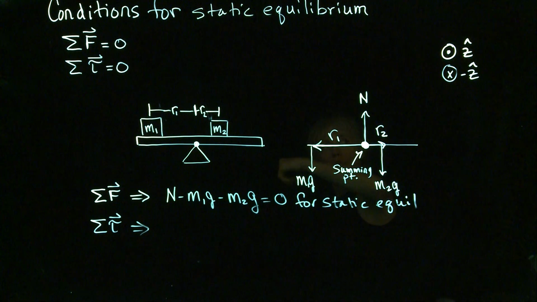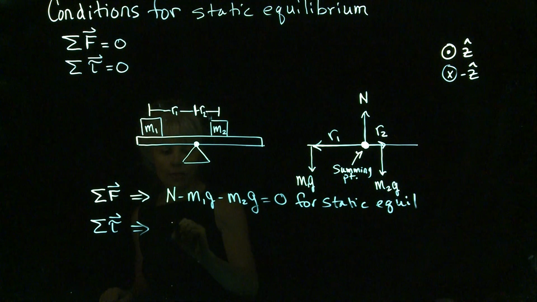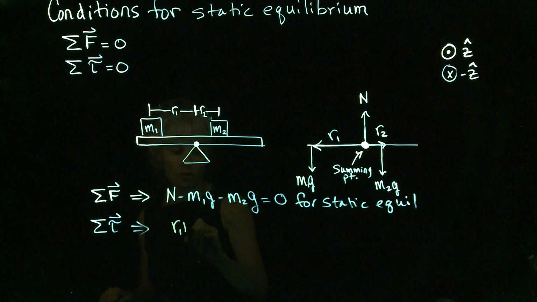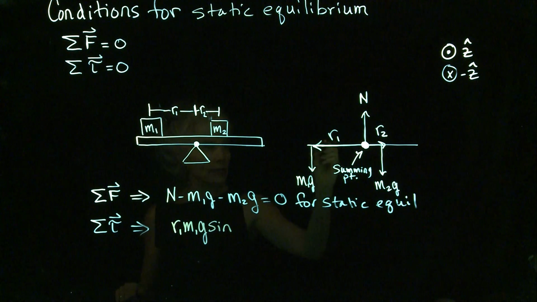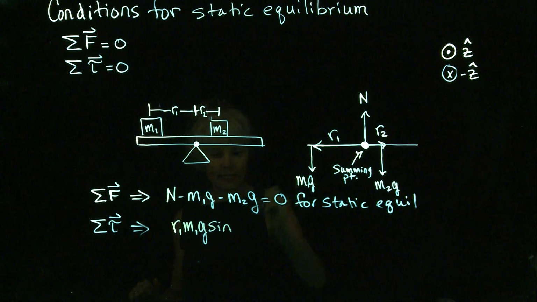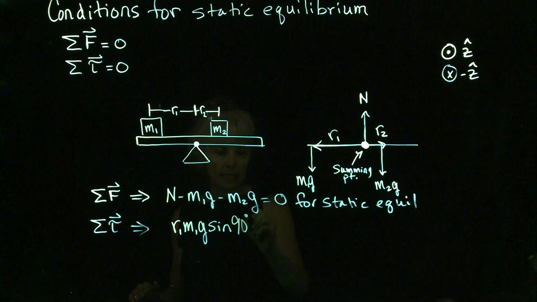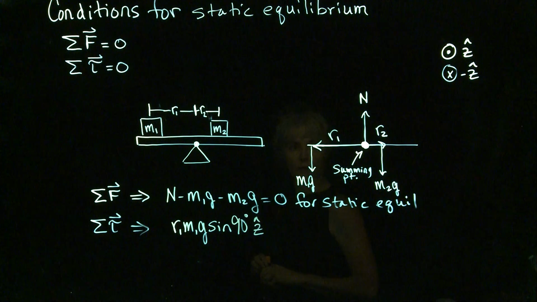That's going to give me a torque that is out of the board, so that's going to be a positive z. So the magnitude of the first vector, magnitude of the second vector, the force M1g, times the sine of the angle in between the vector R1 and M1g, and that is 90 degrees. And then the direction is z hat. So there's the torque exerted by the first vector.